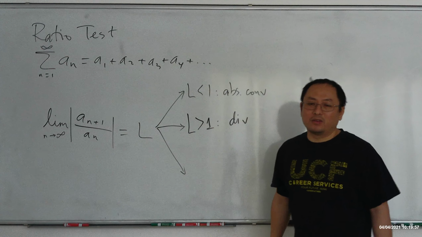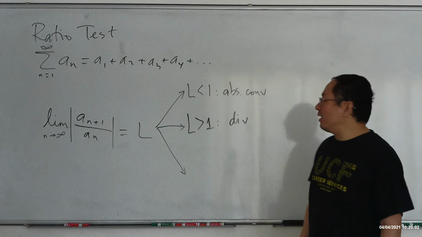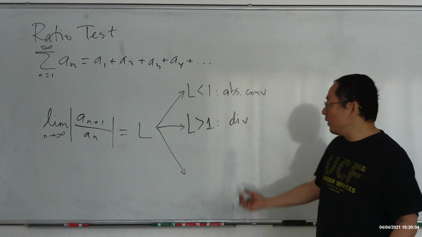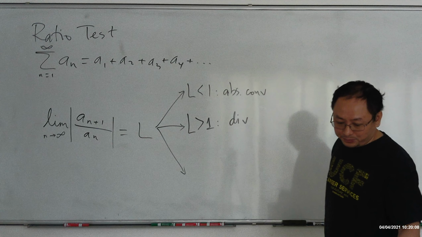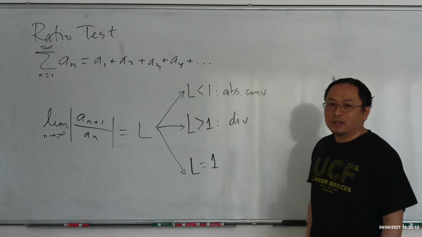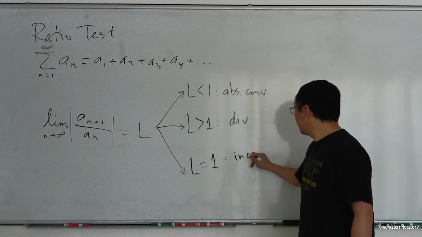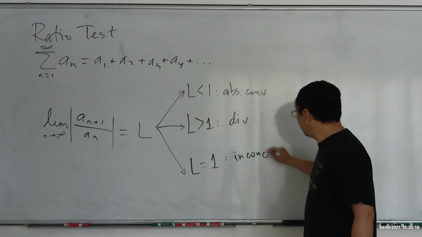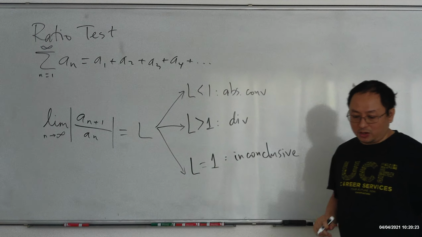We only have one type of divergent, guys. Divergent means the sum is equal to infinity or the sum is undefined. We don't have absolute divergent, because when I teach Calc 2, people just ask for that, but it's just divergent, okay? And where L is equal to 1, then we have no idea. Be professional and say inconclusive. So we don't know whether the series is convergent or divergent.